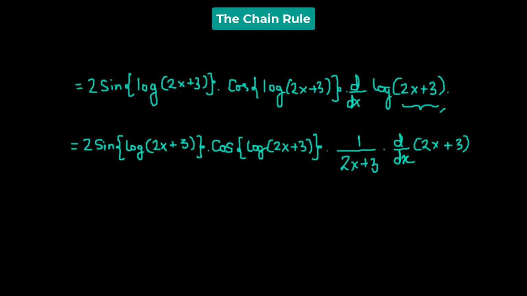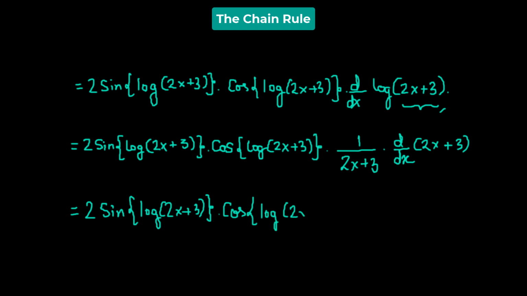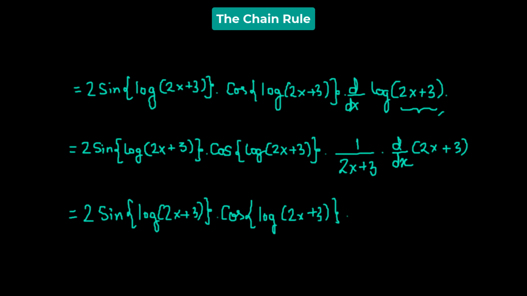So that gives us finally 2 times sine log of 2x plus 3 multiplied to cosine of log 2x plus 3 times, so the derivative of 2x is going to give us 2, and the derivative of 3 is 0, so we have 2 over 2x plus 3.